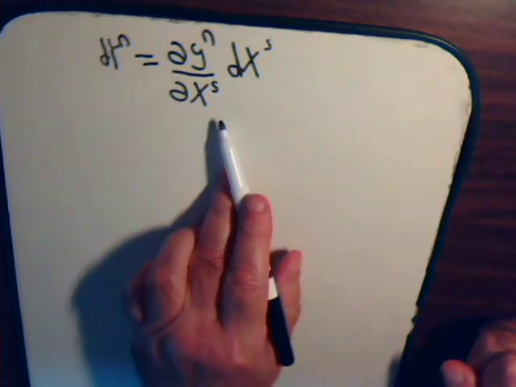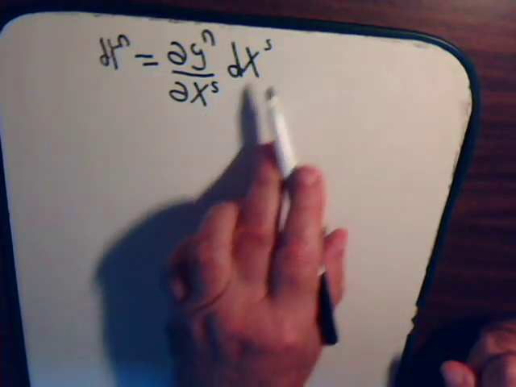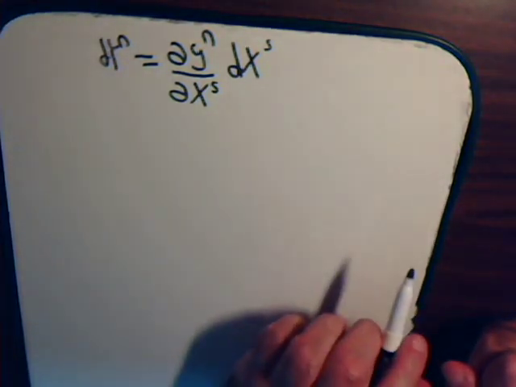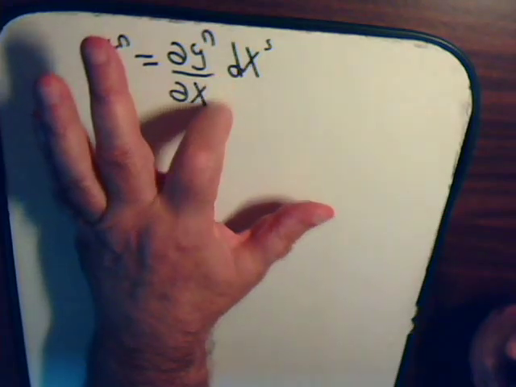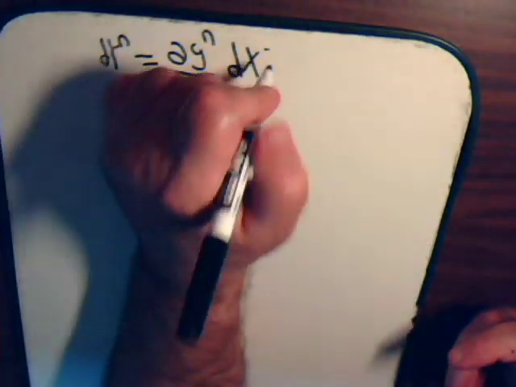S goes from S equals 1 to S equals 2 to S equals 3 and so forth. So sometimes those repeated indexes, they will call them dummy indexes for that reason.